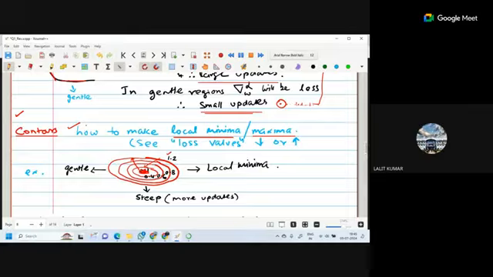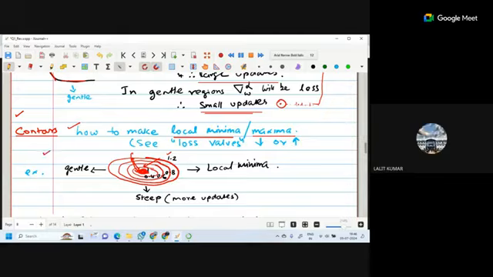If the loss values are decreasing from outward to inward, then it is a local minima. And if the loss values are increasing from outward to inward, then it is a local maxima.